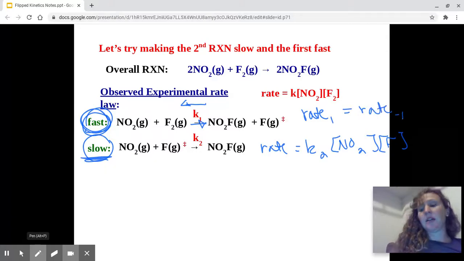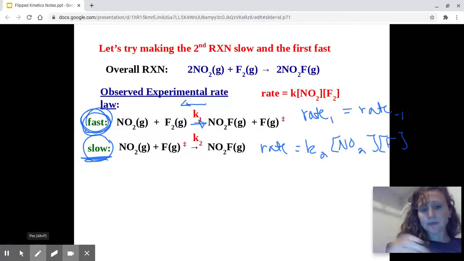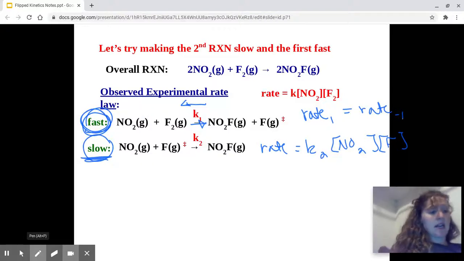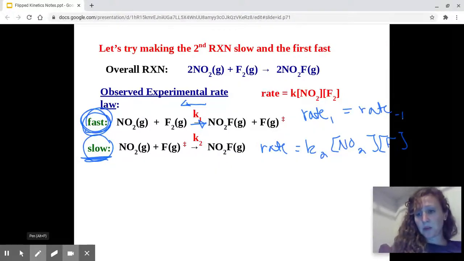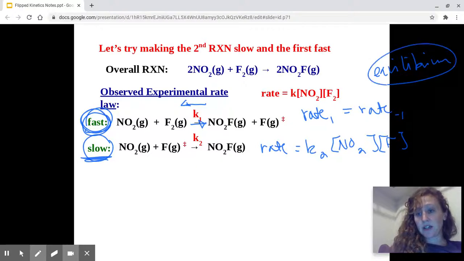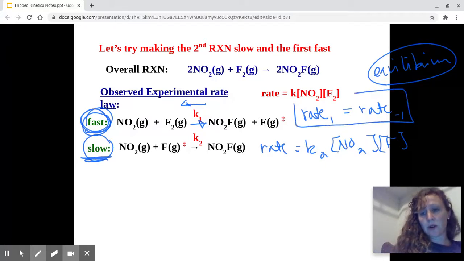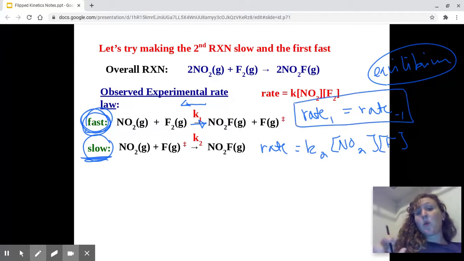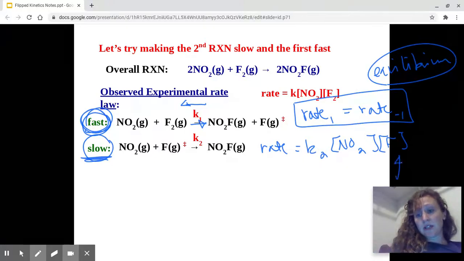Let's use a -1 for going backwards. This is what we call equilibrium. We've talked about equilibrium before. We're going to talk about equilibrium in a lot of detail next chapter. But for now, this is basically the concept. Rate forward equals rate reverse. Okay, so we can use this to get rid of this intermediate.